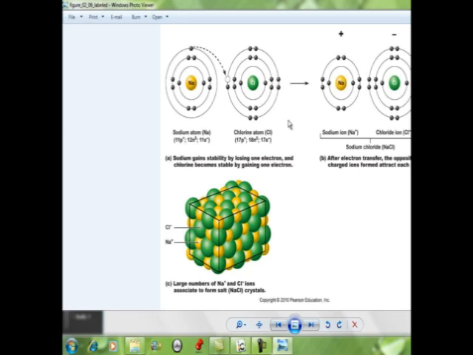Would chlorine be happy? We would form something called a salt. This is a form of bonding, attraction between the two. They're going to hang together. They're going to be attracted to each other because of what they've done for each other. This is a chemical bond.